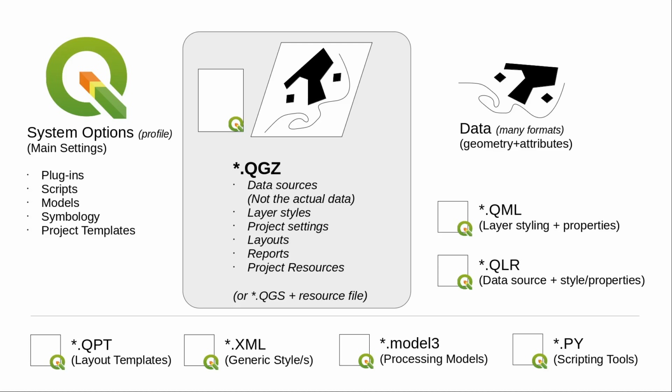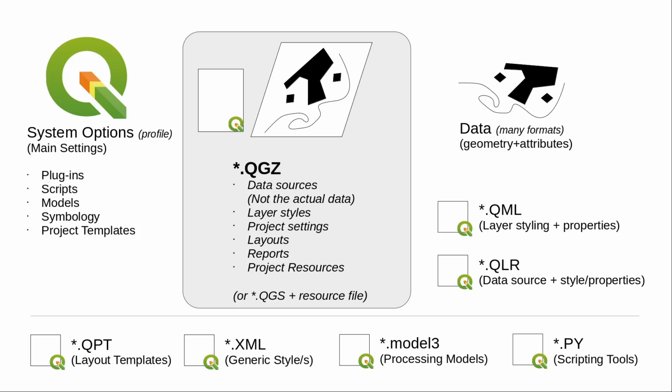You can also apply layer styling from a .qml file to a layer you add. There is another way to apply styles, and that is through .qlr files. The difference is that .qlr files also have a reference to the data source.